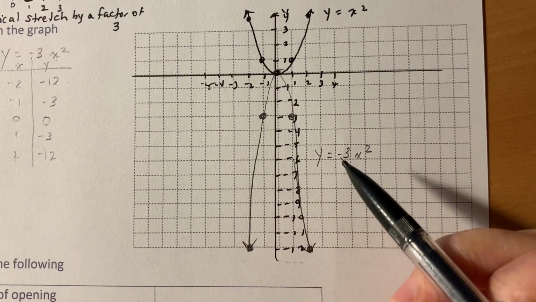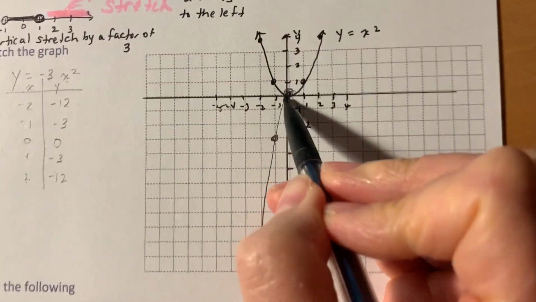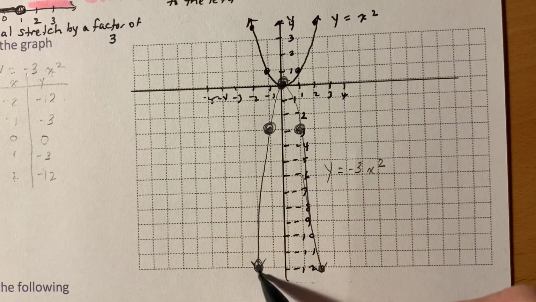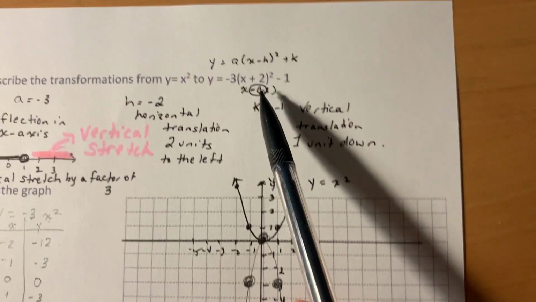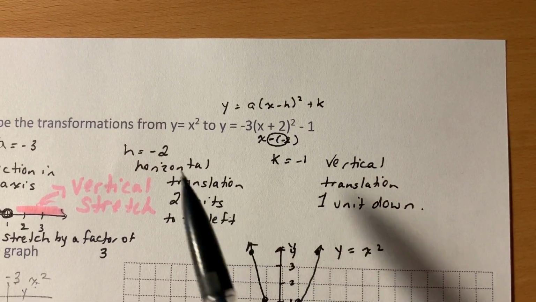Now everything else is just moving this. Make sure you can see those 5 points well. So I'm just going to make them a little bit bigger. The next thing I'm going to do is this horizontal shift. I know I'm going 2 units to the left.